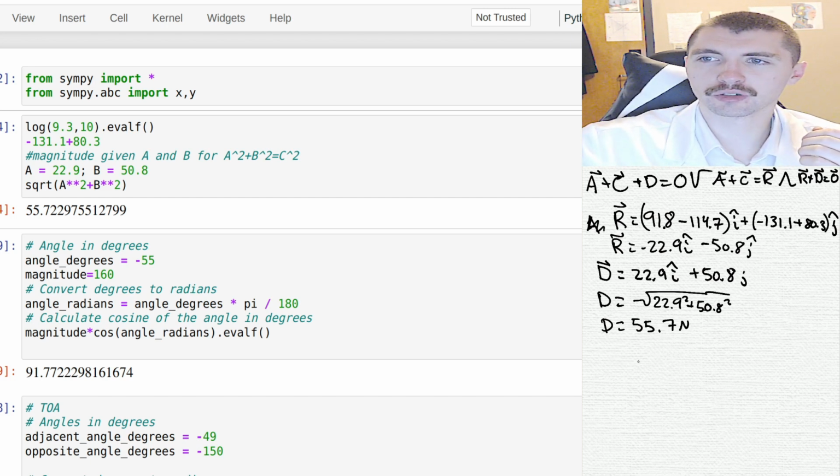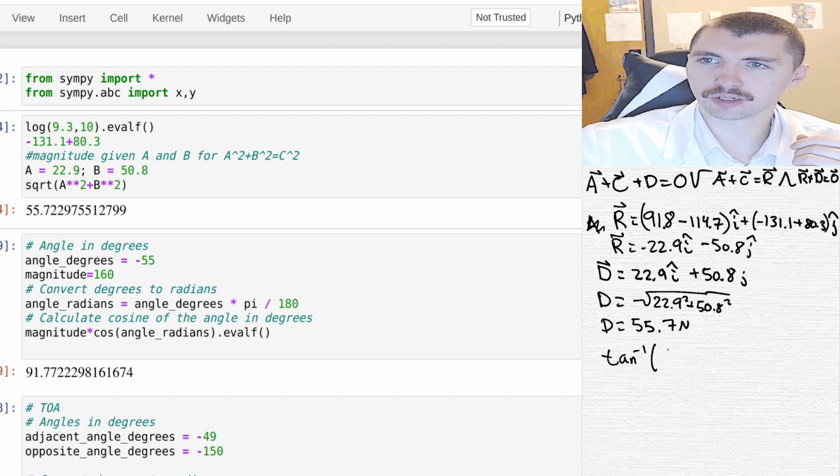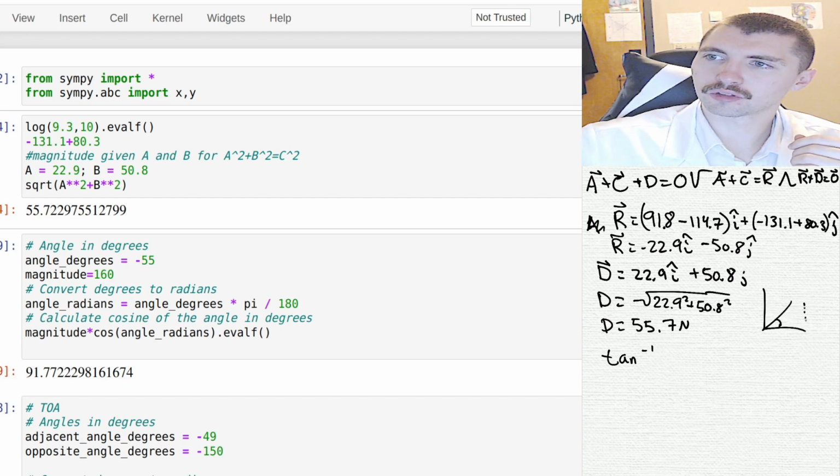Okay, so now we want to know what direction this is in. So we're going to take the inverse tangent of, so I'm imagining all this in quadrant 1, so our x component is 22.9. So that would be opposite. No, that would be, so this would be opposite.